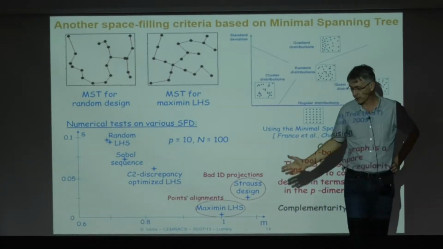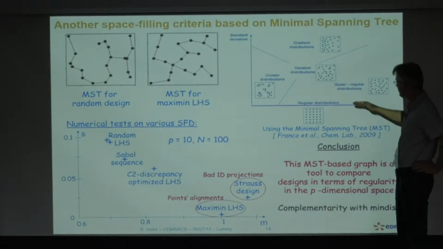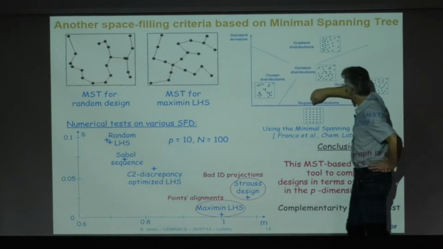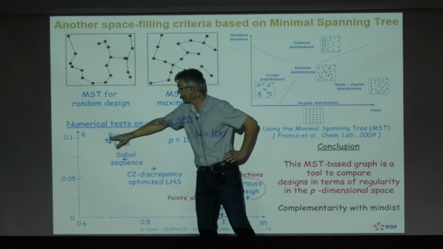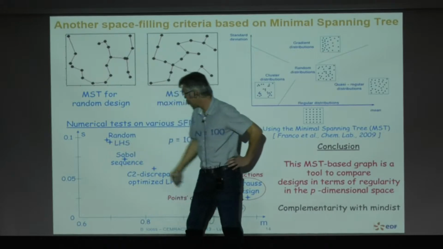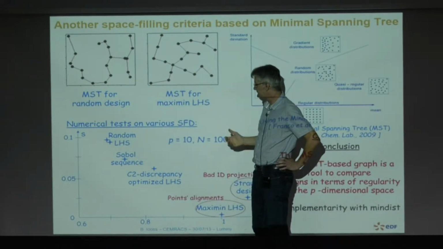Here we have compared, for our space filling designs, what happens in terms of this mean and these standard deviations. So I am only in this zone now, and so my random design is here with a mean like this and a standard deviation like this. And after, I have placed different designs.